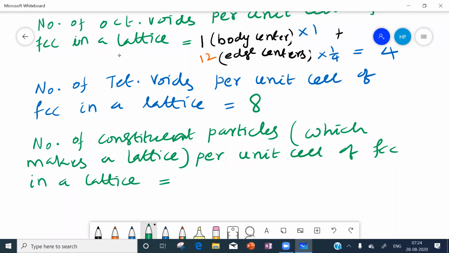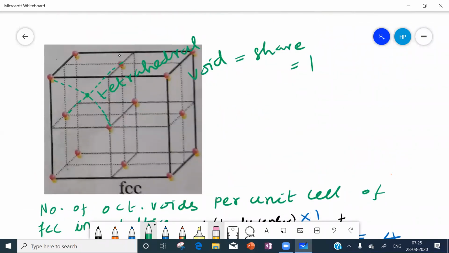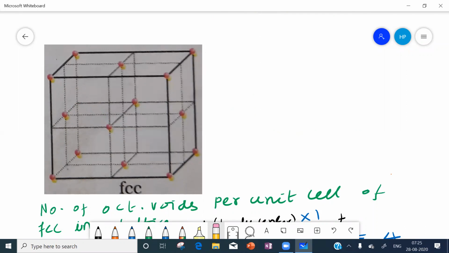Now we will see the number of particles per unit cell of FCC lattice. In this FCC unit cell, we have to place the constituent particles at corners and at face centers.